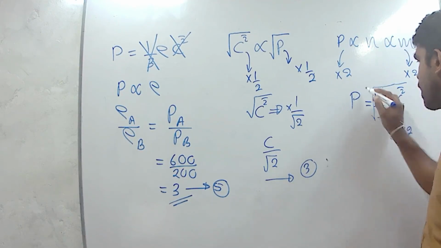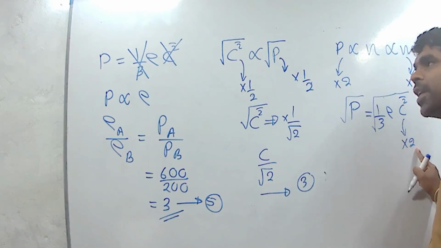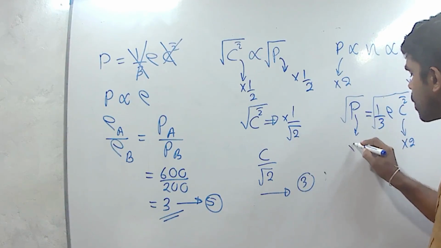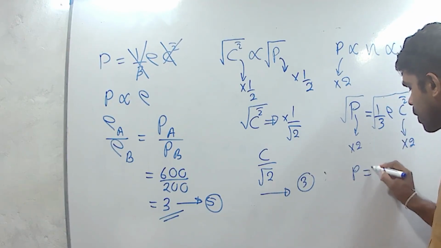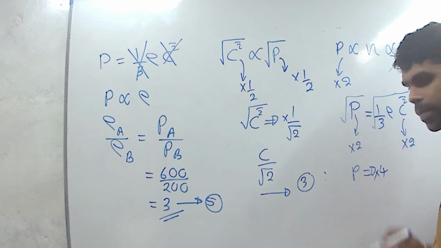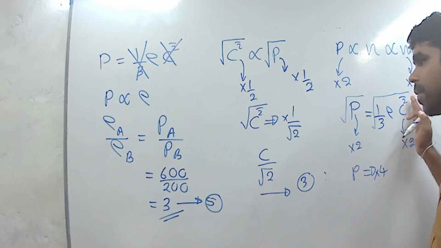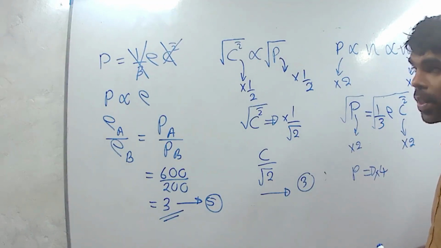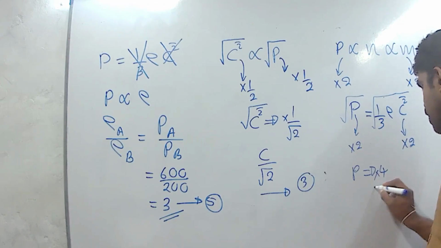When the square root of this one is 2 times, square root of pressure is 2 times. Therefore, pressure should be 4 times the initial value. Then we can obtain maximum pressure by increasing the square bar root. It means root mean squared velocity. Second answer is the correct answer.